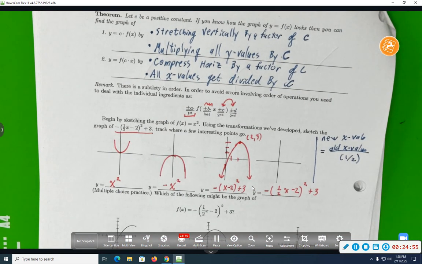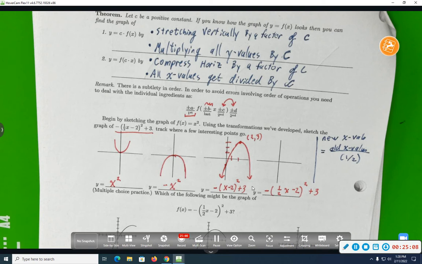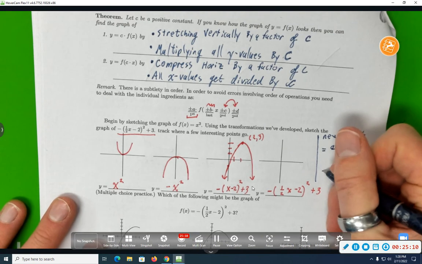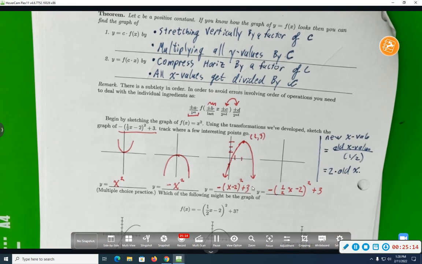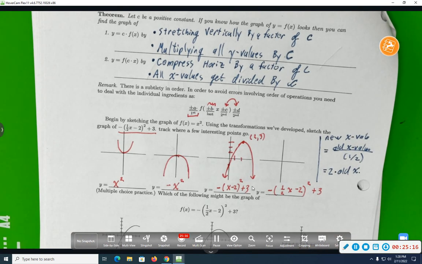But that's an overly complicated way of writing something. Dividing by 1/2 is the same as multiplying by 2, right? Dividing by a fraction is the same as multiplying by the reciprocal. So the new x value is 2 times the old x value. All of the x values are getting doubled. So we're compressing by a factor of 1/2, which really means we're expanding by a factor of 2.